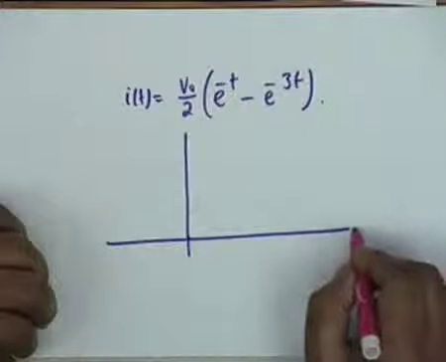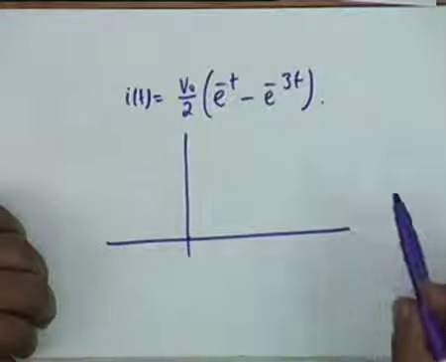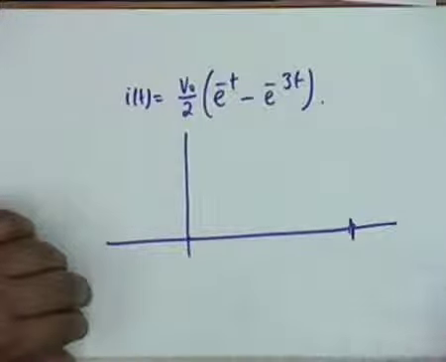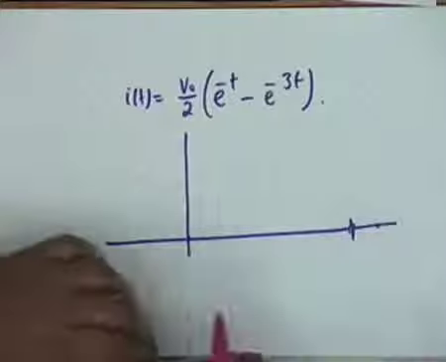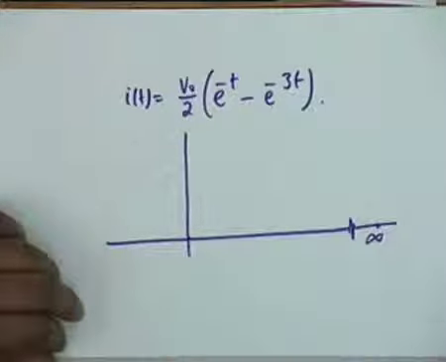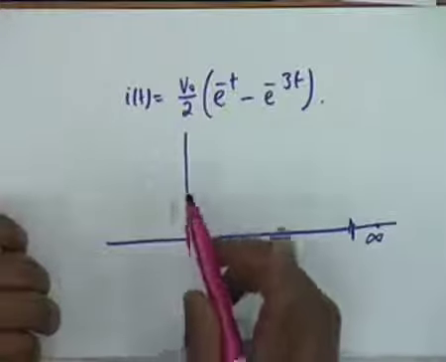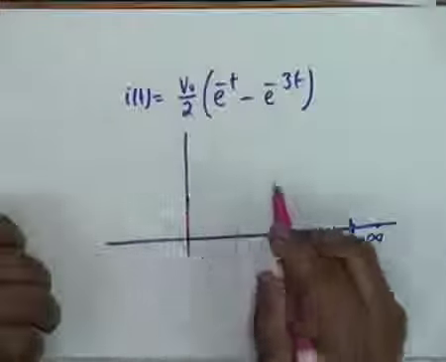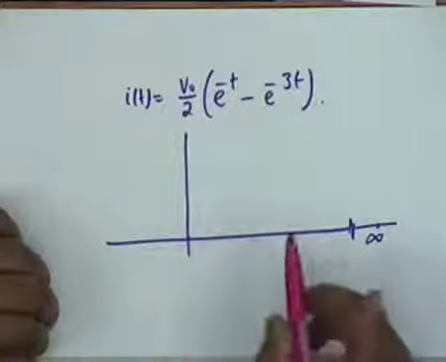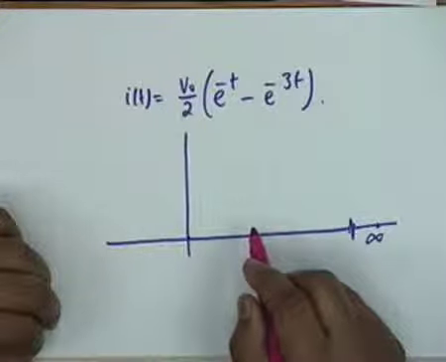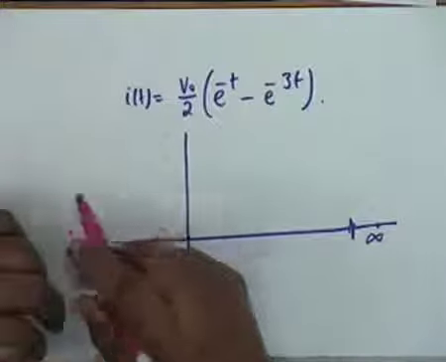So at infinity it must again be 0. Let me show infinity on a finite plane by a break. Let us say this is the point at infinity. So it is also 0. In between the current is positive, it does not change direction, it cannot be 0, and therefore it must have at least one maximum.